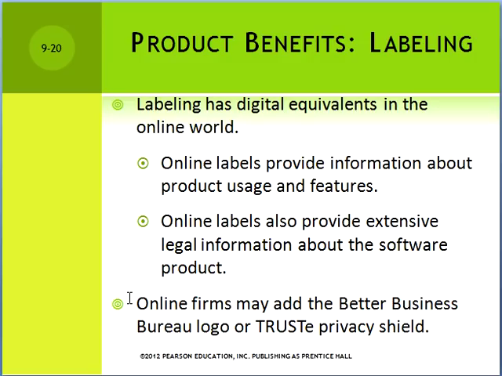Now also it is very important to understand that the legal information about the software is also available. Not only that, when we are going online to make a payment on some product, let's say they ask us for information about the credit card, and we get a little bit alert on that, whether this is a genuine company or not, right?